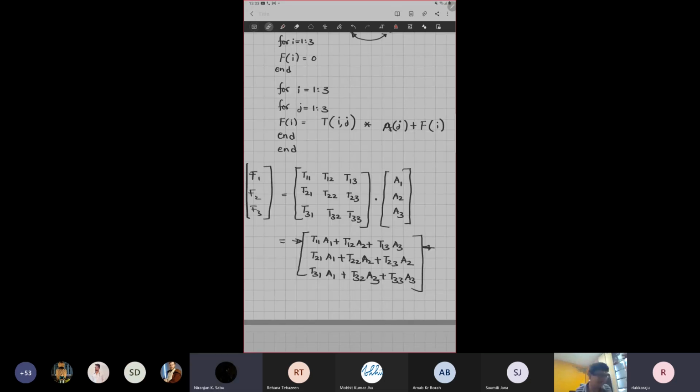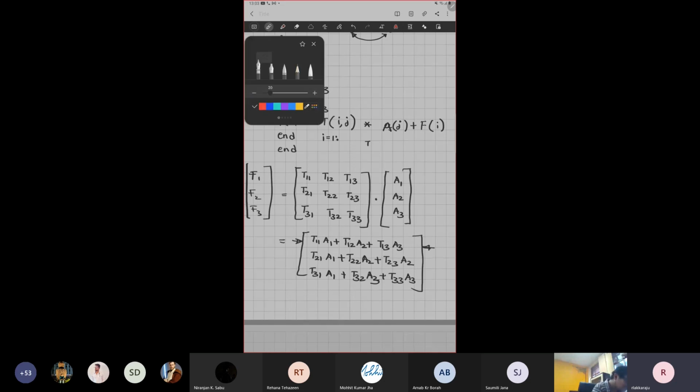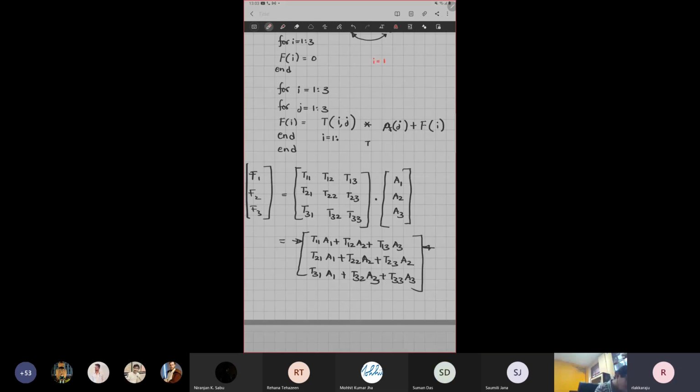Okay. Thanks. So let us look at the first row. When I is equal to 1, what do I get from this pseudocode? That I'm going to write it in red lines here. When I is equal to 1, I have to go into loop. For j loop, for j is equal to 1, 2, 3.